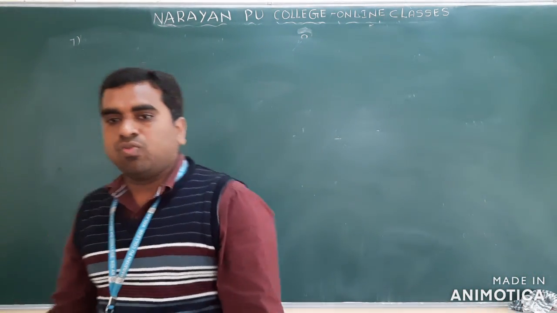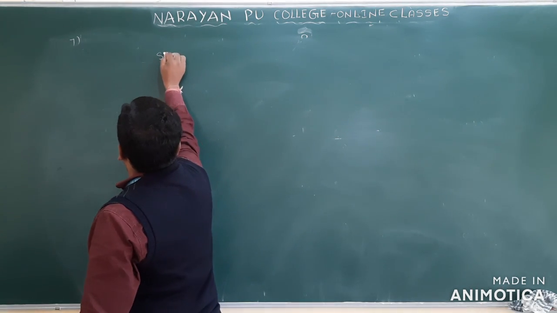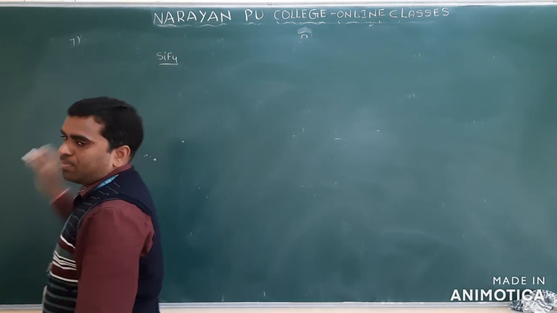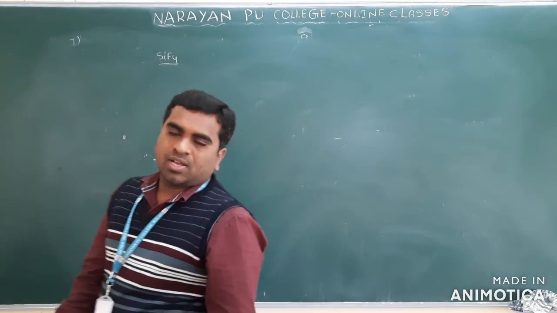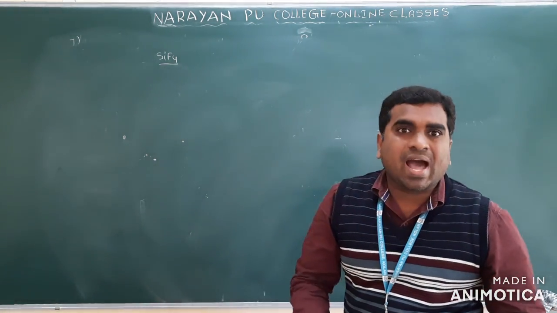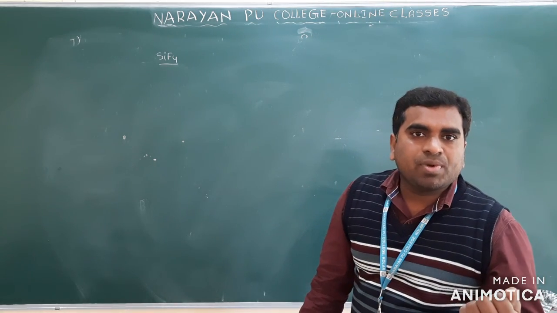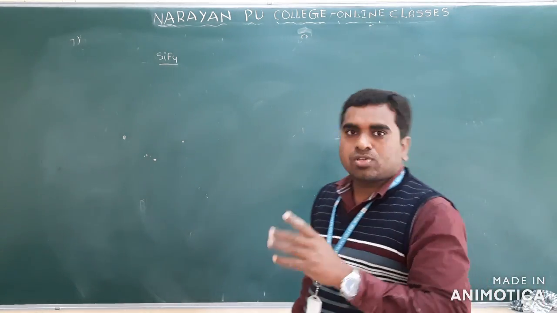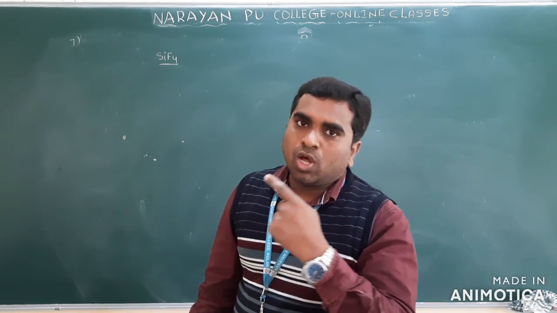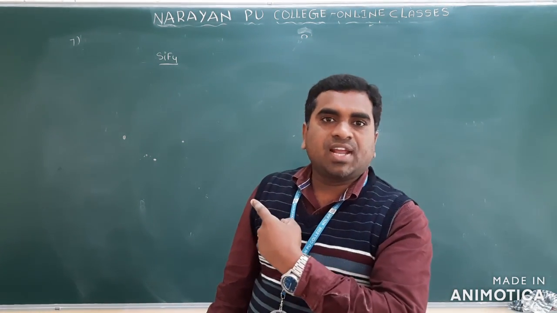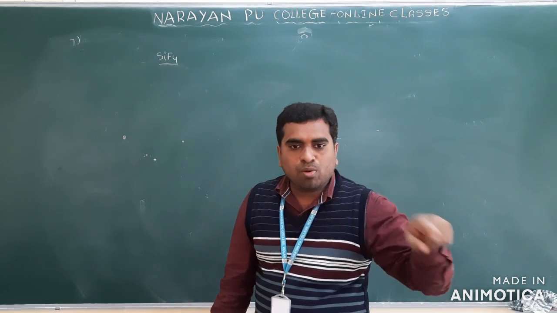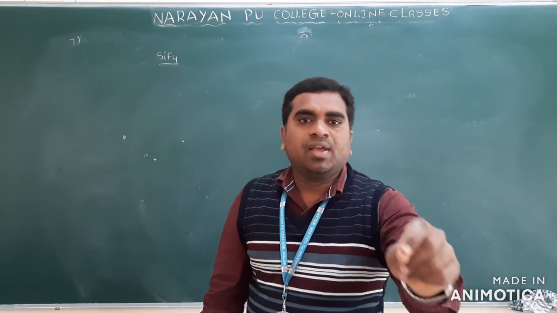SiF4, you know SiF4. What is the hybridization over here? sp3. Clear? Carbon forms 4 bonds, silicon also forms 4 bonds. Will it have any lone pairs? No. So it is a regular geometry, and regular geometry means all bond lengths will be equal.